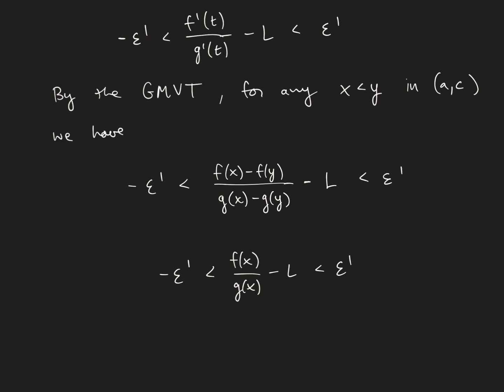Well, again, that's basically just like f of x over g of x, because g of x and g of x minus g of y are basically indistinguishable for this fixed y once x gets such that g of x is very, very large. Okay, so when g of x is very, very large, f of x over g of x minus g of y and f of x over g of x are basically indistinguishable.